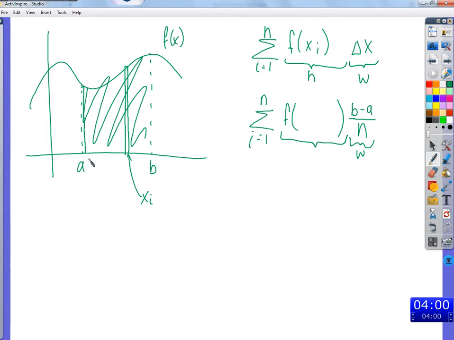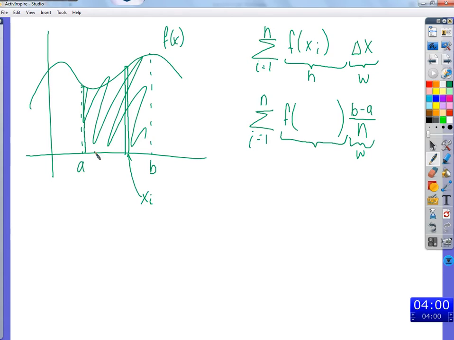How far is the right side of the second rectangle? 2 times b minus a over n. And the third one? 3 times b minus a over n. So i times b minus a over n. i is the number of the rectangle you're on, the first, the second, the third, the fourth. b minus a over n is how wide that movement is, right?